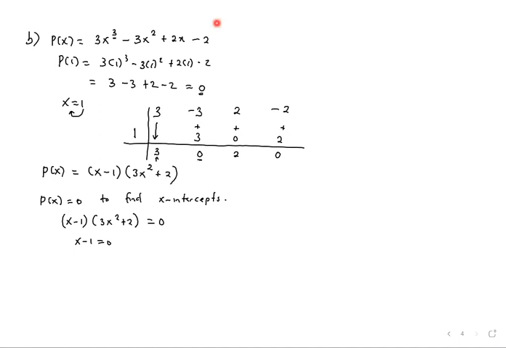So to do the whole synthetic, after you obtain the coefficients that you're collecting from the actual polynomial, and also having a factor to put outside here, your first thing is to drop this coefficient, you drop it down. Then you multiply 1 by this number here.